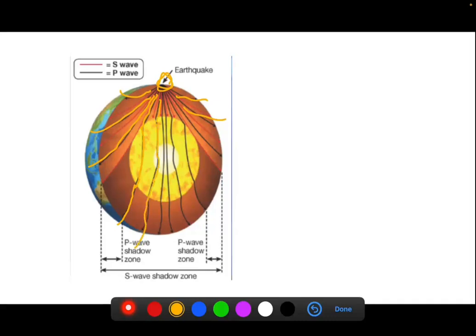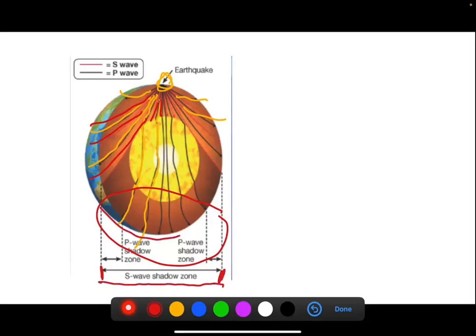Okay? But then the S waves are going to go around it, or they're just going to stop. So there are no S waves down here. That means that there's a humongous shadow zone because no S waves could hit in this area right here.